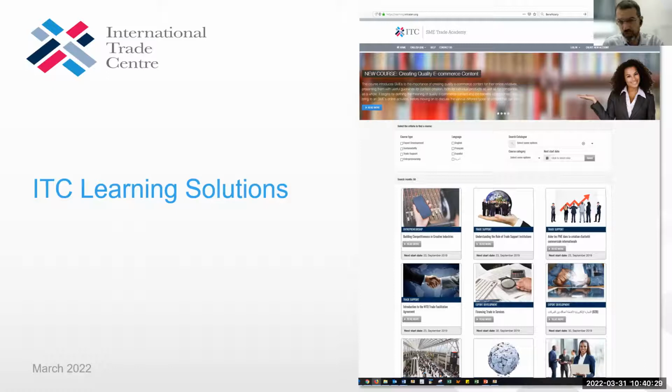For example, if you are going to a live meeting, a conference or sector conference, you might want to train SMEs before they get there. We have partners such as the Swiss Import Promotion Organization, who have developed their own platform with us, and they have developed a course for trade fairs.